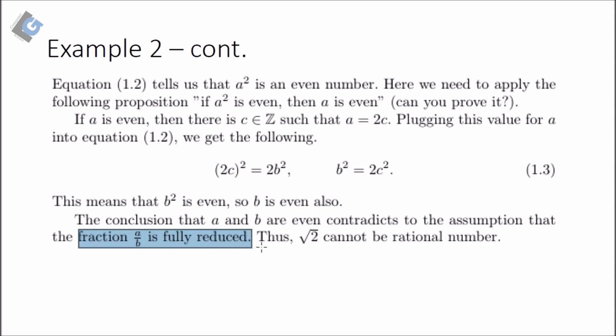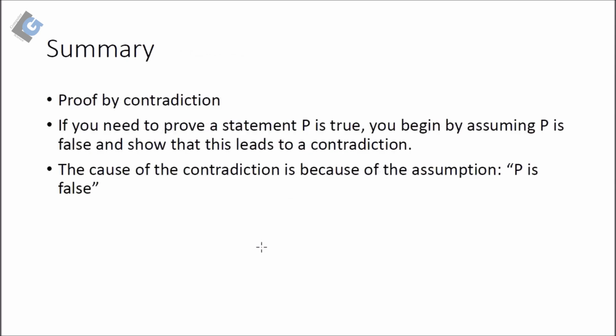So let me do a summary: proof by contradiction is a very useful technique. In mathematics, sometimes for some propositions, if you use the regular method, it is usually very difficult to prove. But if you use the proof by contradiction technique, it is easy. Okay, so the mechanism is simple.